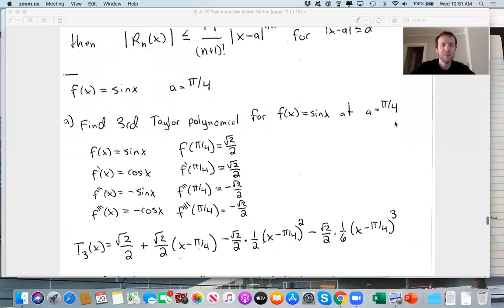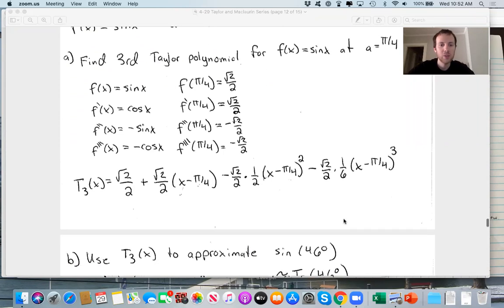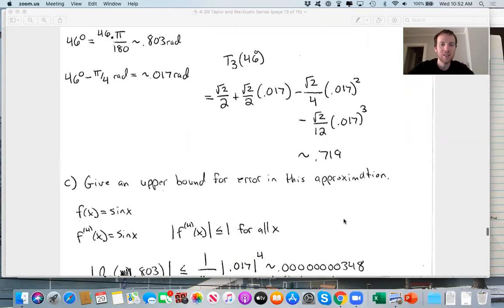So in some of the problems you can expect, it will look like: find some Taylor polynomial for a function. This means use the Taylor series formula up to that point. There's a lot more in here.